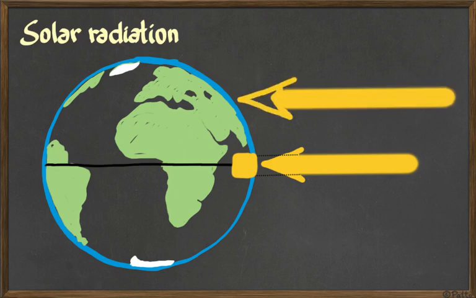If you move away from the equator, like here in a temperate zone, what we are going to see is that the same amount of sun rays are going to be hitting a much wider area. So you have the same amount of light, a wider area, so you have a smaller density of sun rays in that area.